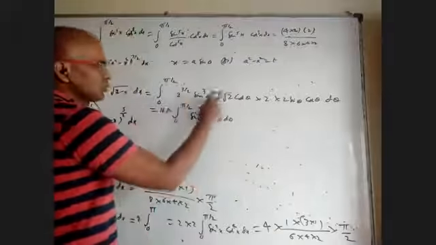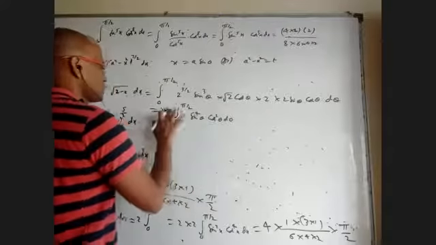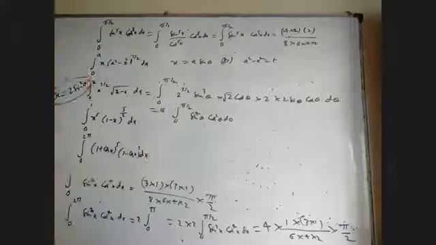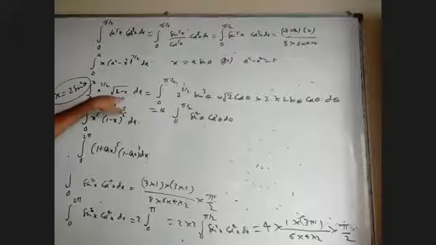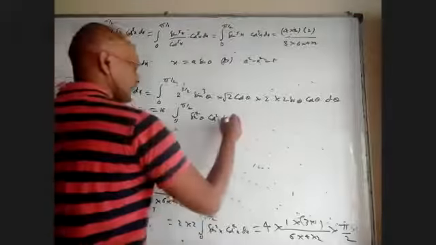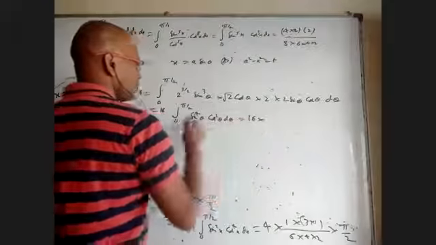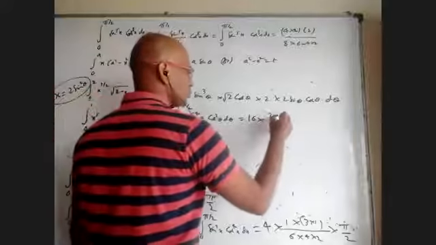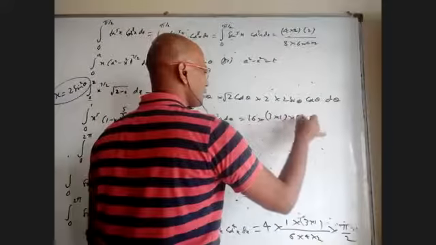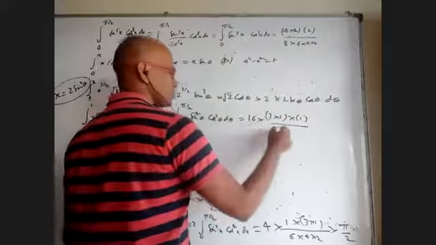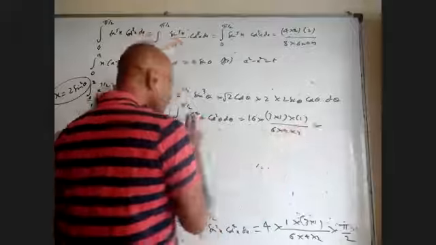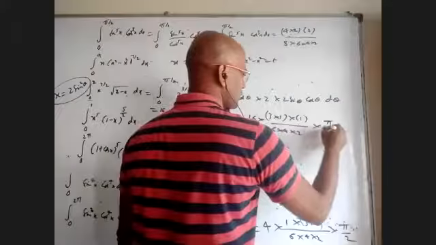Then this is 2 root 2, and root 2 into root 2 will become 4, 4 fours are 16. I got a sine cube here, only cos here, and one more cos. Now because of 4, I'll get 3 into 1. Because of 2, I'll get only 1. 4 plus 2 is 6, so 6 into 4 into 2. Because both are even, I have to write pi by 2.